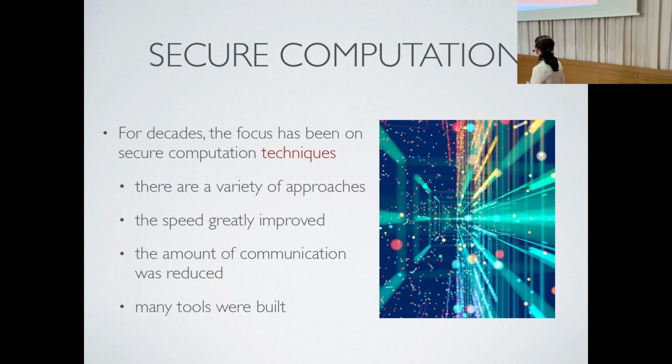There's a variety of different approaches, and sometimes it's difficult to even understand which approach is going to be the best in different settings. The speed has seen great improvements, orders of magnitude, even for techniques that conceptually seem the same. And the amount of communication has been reduced significantly, so the speed went up.